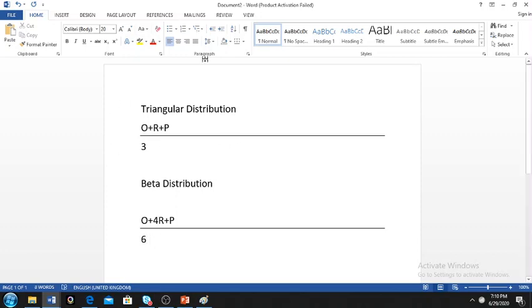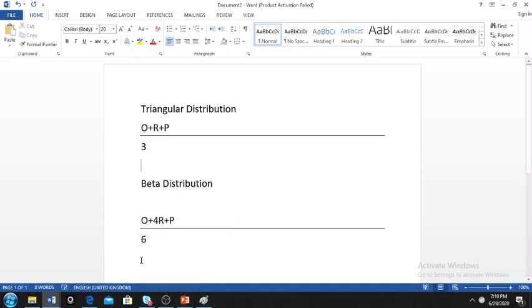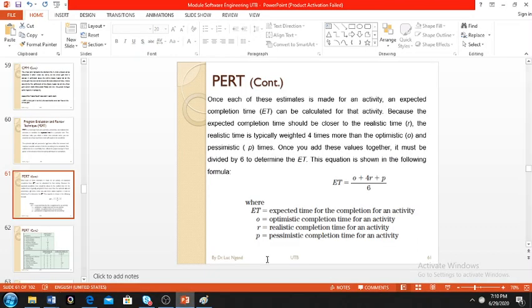So this is triangular distribution, this is beta distribution. PERT uses beta distribution. Triangular distribution is just the average. Beta distribution weighs the realistic estimate 4 times the rest, and you divide everything by 6.